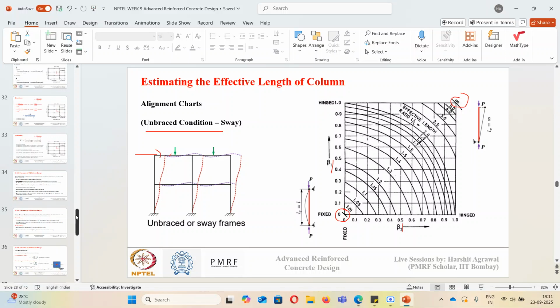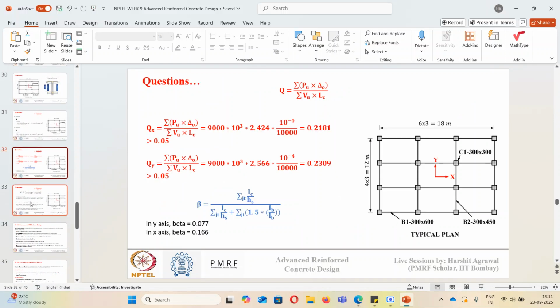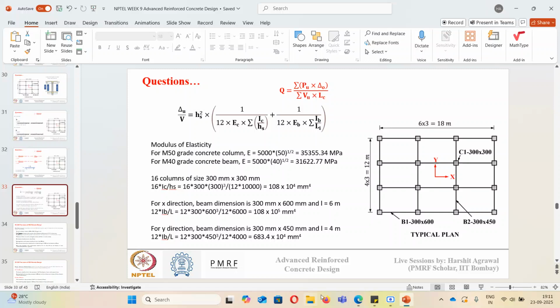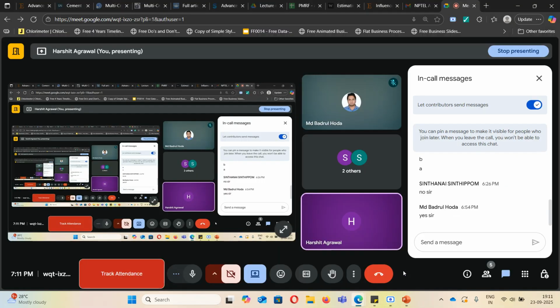Any doubt in this entire calculation procedure, how we do the calculation, how we get the stability index value? In exam, they may not give you this entire question. They may give you the dimension of beam and column, and they just may ask you to calculate the lateral flexibility or just the stability index.